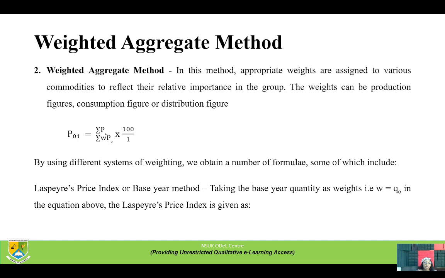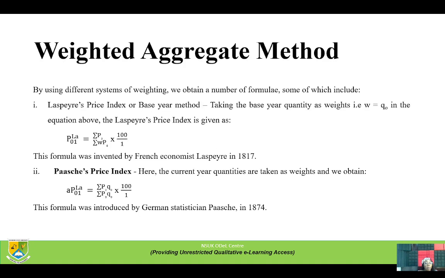By using different systems of weighting, we obtain a number of formulae, some of which include Laspeyres price index or base year method. Taking the base year quantity as weights, that is, W is equal to Q naught, as shown in the equation above, which will be seen in the live class. The Laspeyres price index is given as shown.